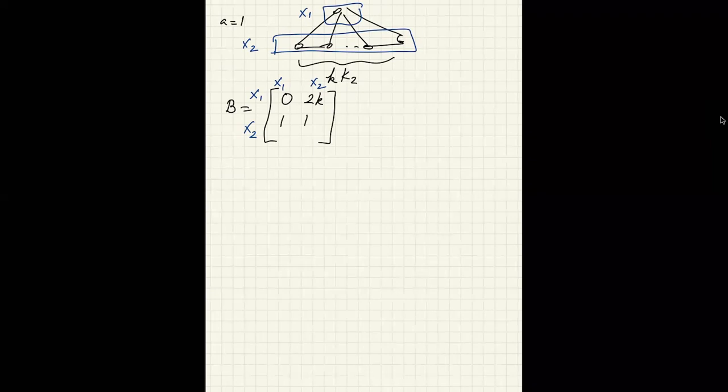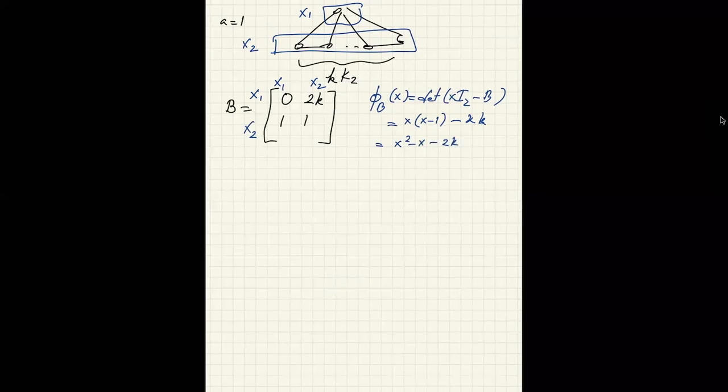So let's just quickly do the characteristic polynomial of this matrix. Phi B of x, the determinant of xI2 minus B, is what? x times (x minus 1) minus 2k, and we get x squared minus x minus 2k. What do we get?